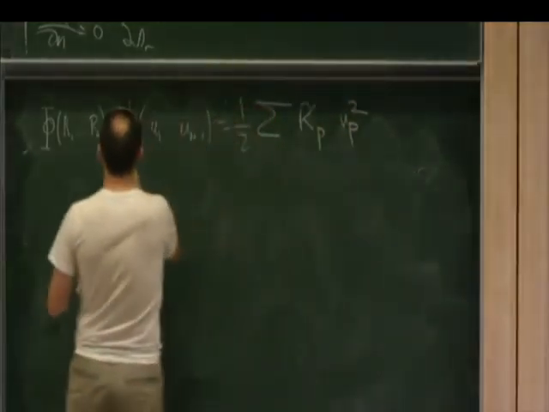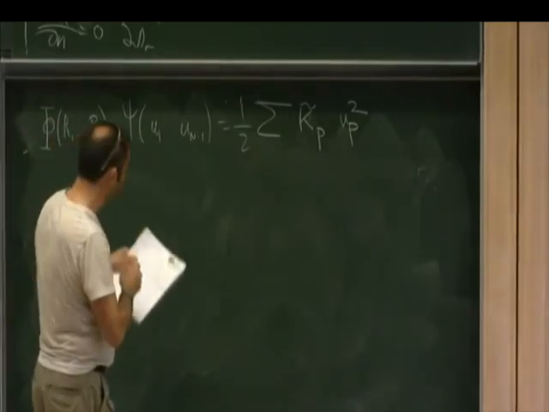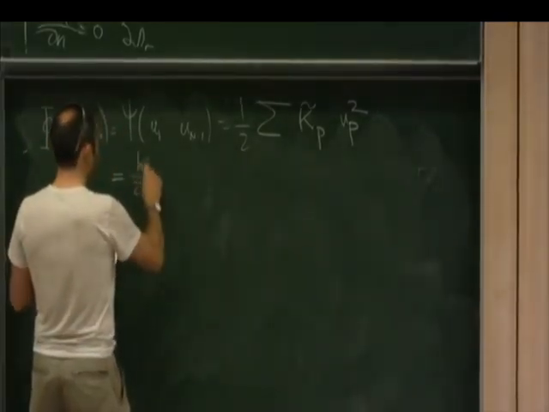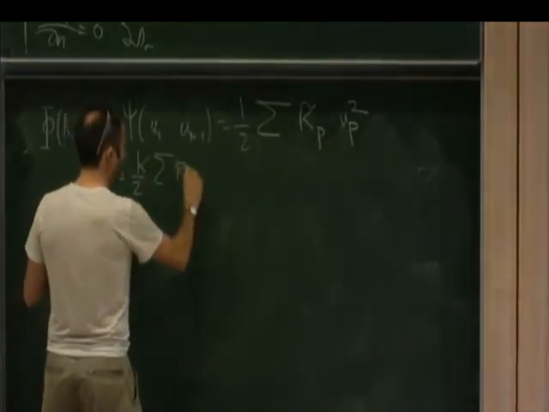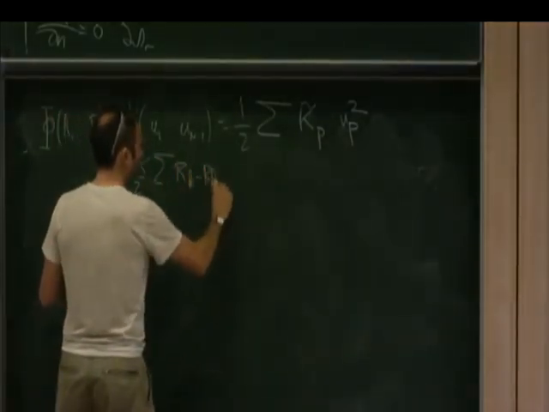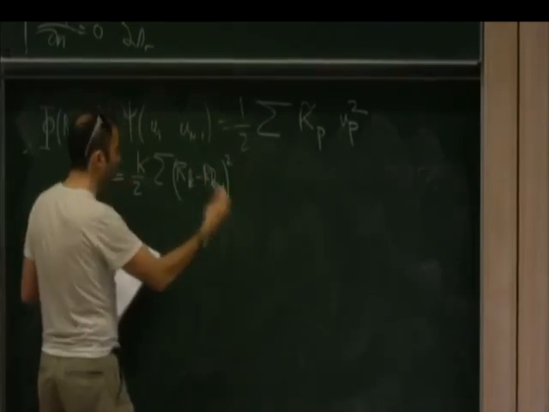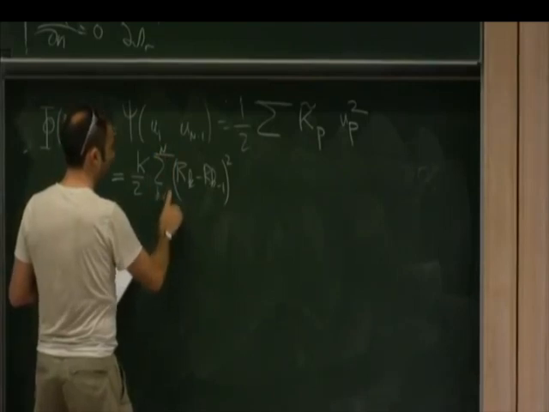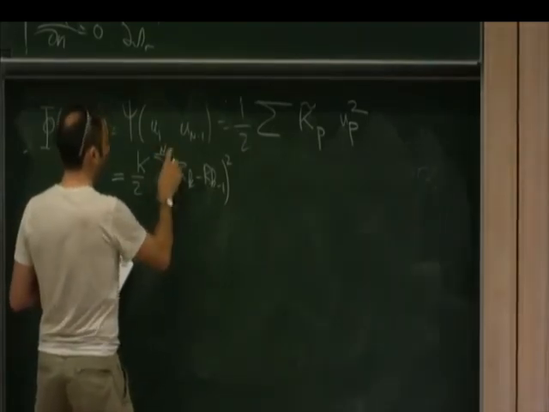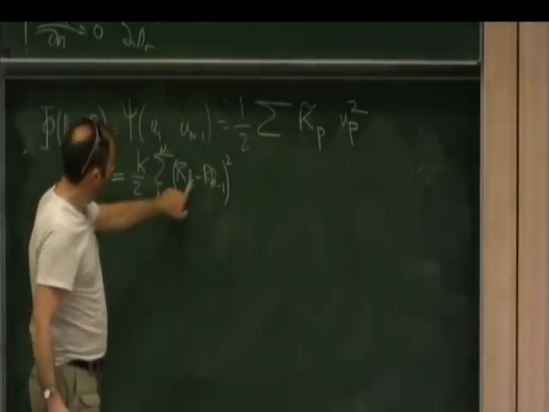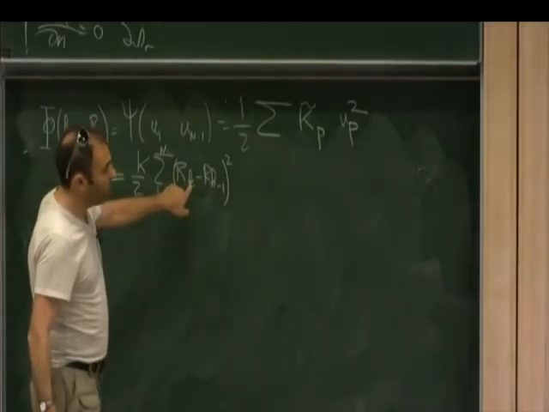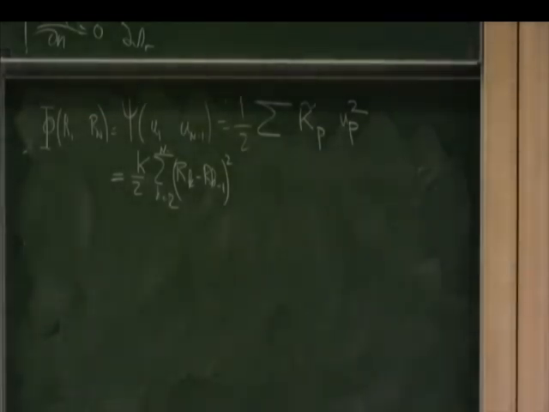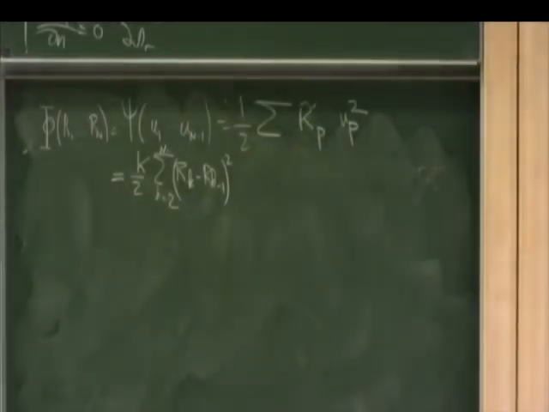Before, let me remind you what it was. It was a 1/2 kappa sum of Rk minus Rk minus 1. So here I'm skipping one step. The step is to write or change Rk by the expression in terms of U.